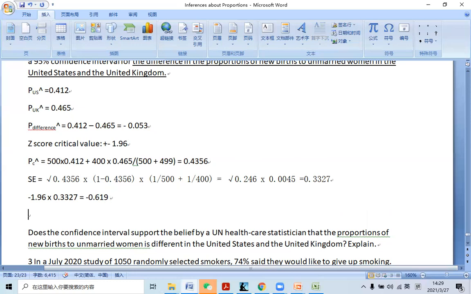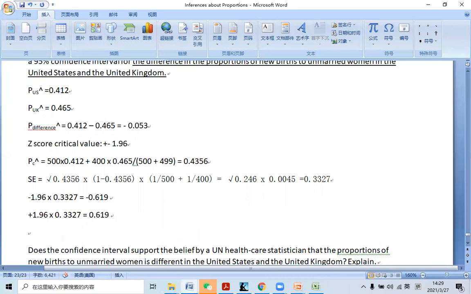And the positive, 1.96 times 0.3327, is positive 0.619. This gives the boundaries for the confidence interval.